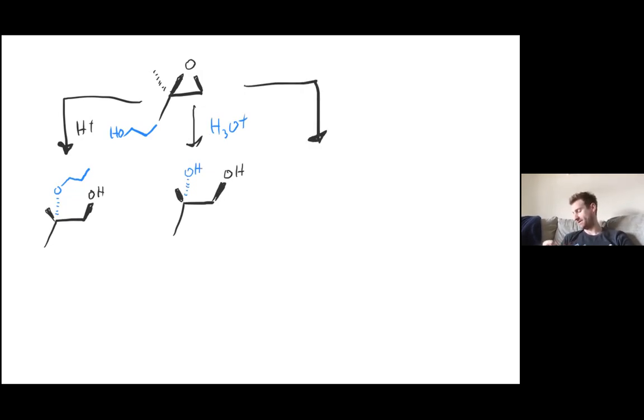Other options, we could add in something like HBr, HCl. And this will let us brominate.